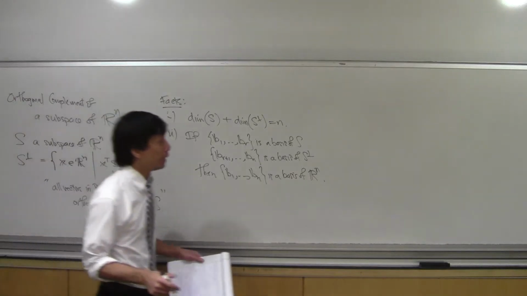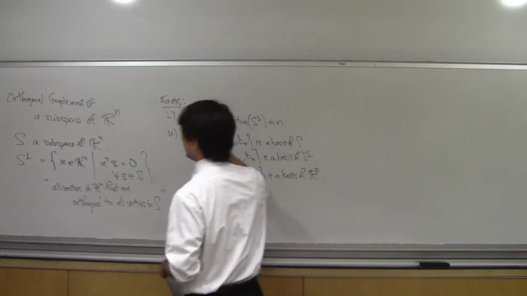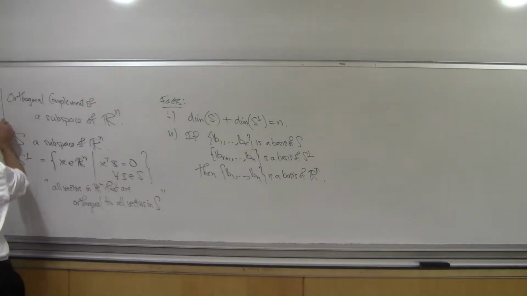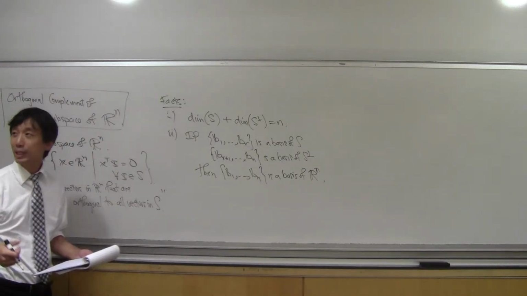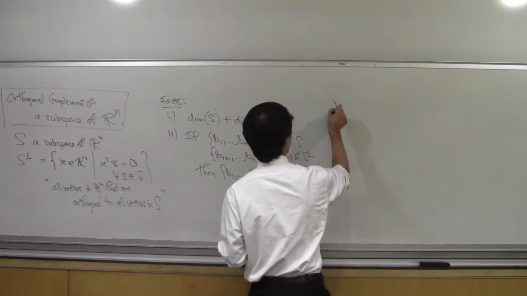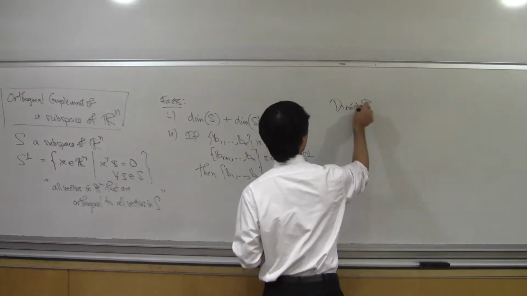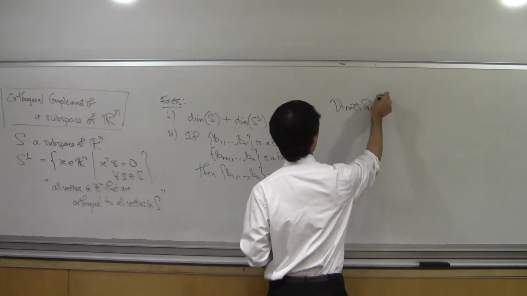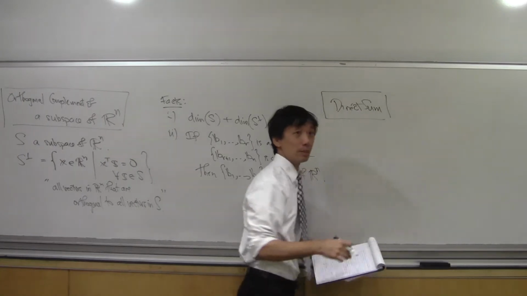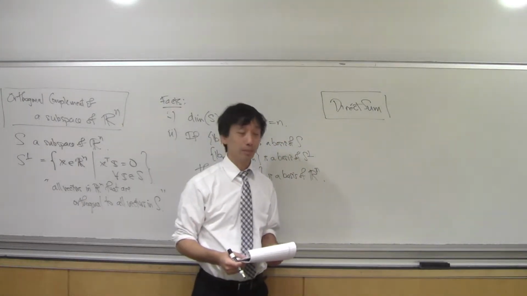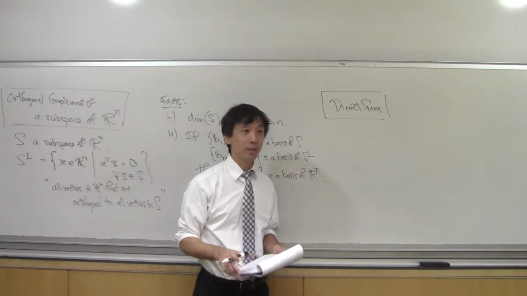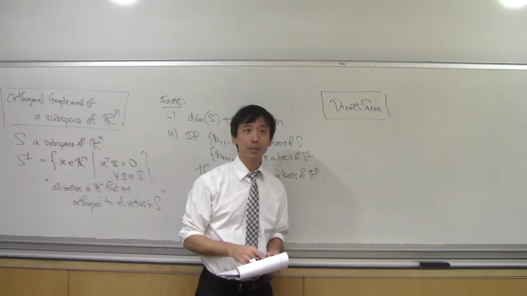Okay. So today we're going to remember there are two ideas in this section. One is orthogonal complements. The other is this thing called direct sum. So now today we're going to talk about direct sum. This seems like kind of an abstract idea, but it turns out to be extremely useful, and in fact useful in practical applications.